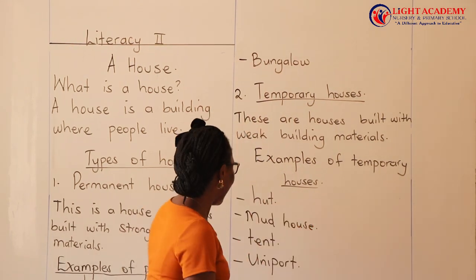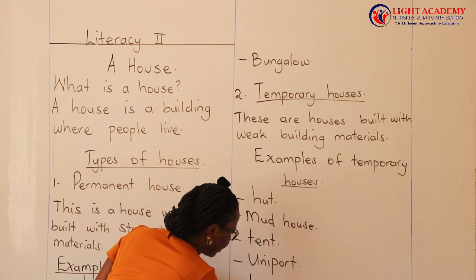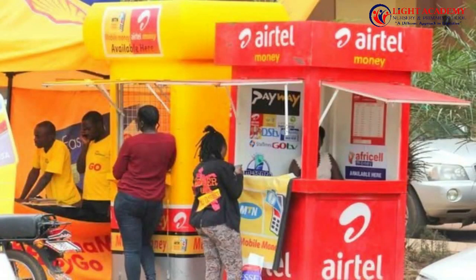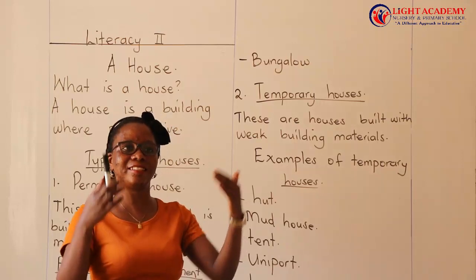Then lastly, I have what we call a kiosk. A kiosk is another temporary house. You can even carry it and take it somewhere. You can even shift it and put it in some other place because it is never permanent. It is temporary.